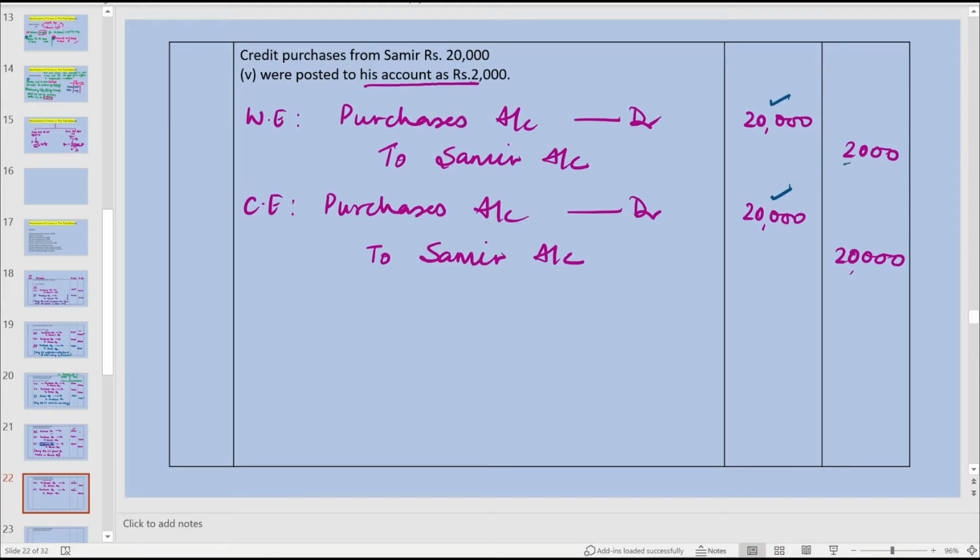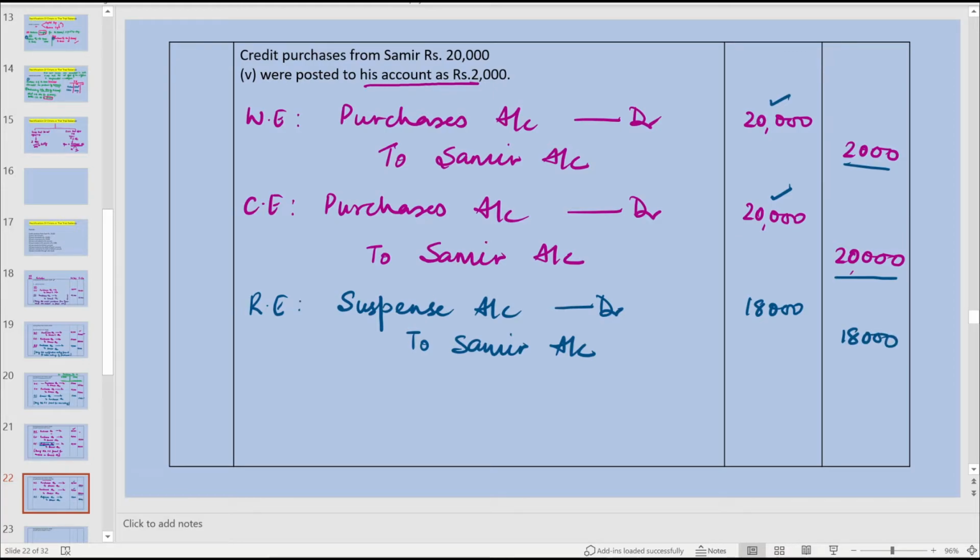It's fine. The only problem I have is with the Samir account. So my rectification entry would be I have to increase the credit side of Samir by 18,000, so it becomes 20,000. But since only one account is getting affected, my suspense account comes into picture. So I will say suspense account debit to Samir account with 18,000.